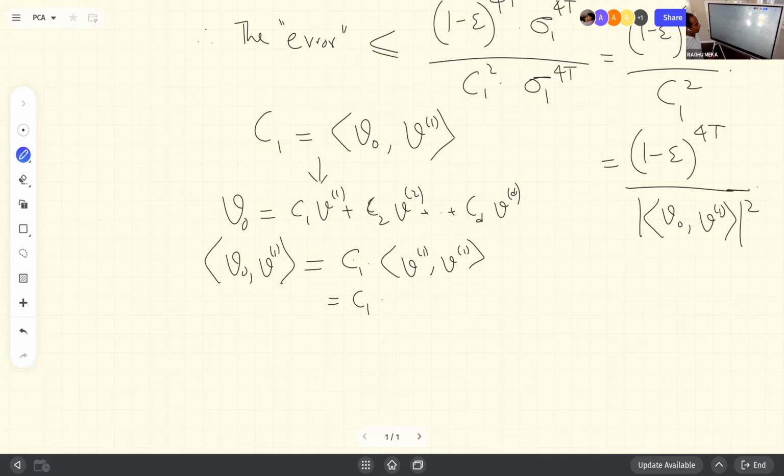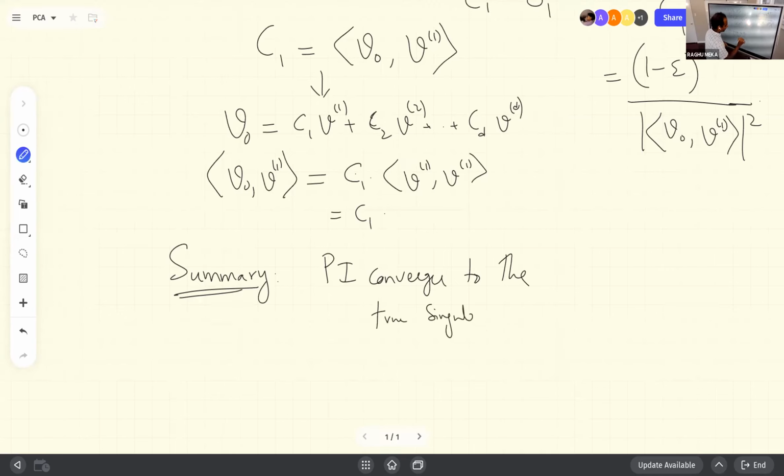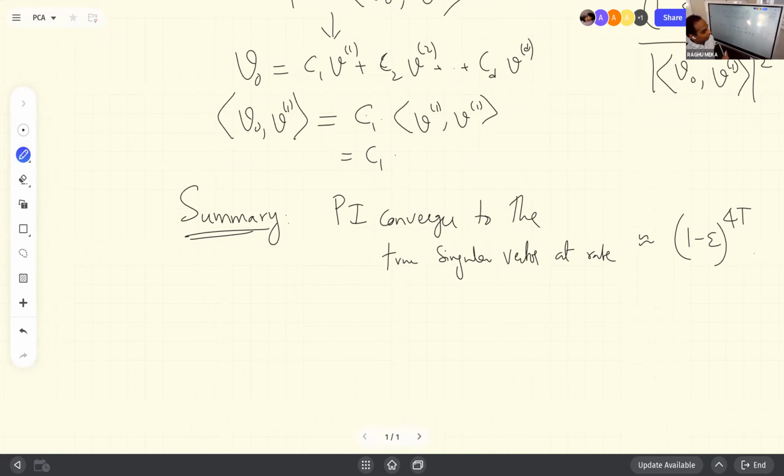Let's summarize what we did. Basically, power iteration converges to the true singular vector at a rate something like (1 minus epsilon) to the 4t.